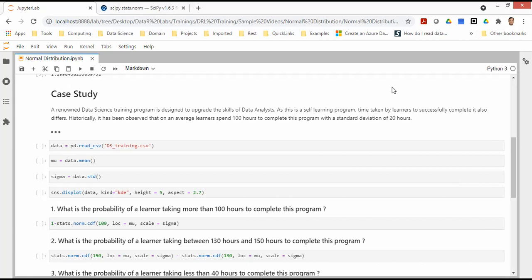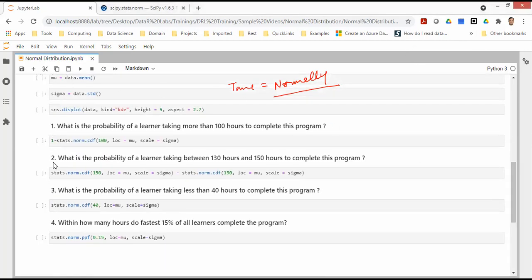Now, assuming that the time which different learners are taking to successfully complete this program is normally distributed, we need to solve certain problems based on this data.